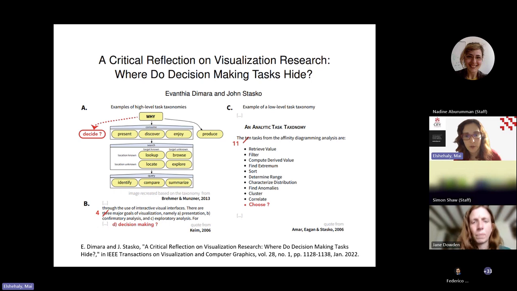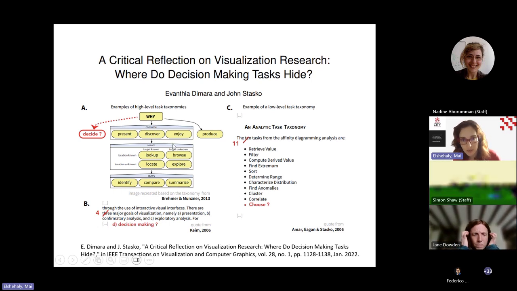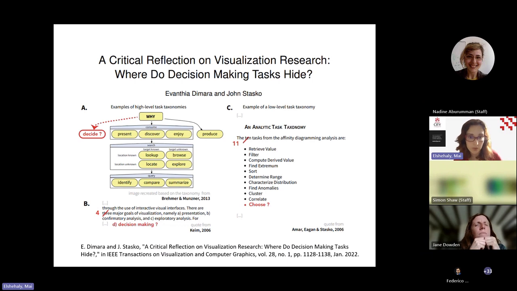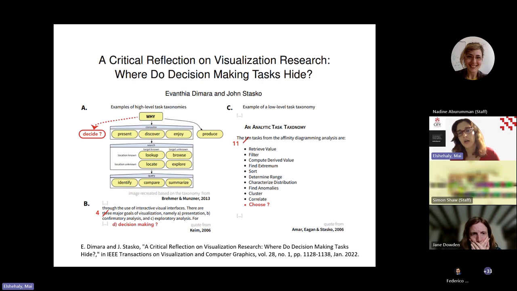One of the things they observed in these existing taxonomies and typologies in the visualization literature is, again, the missingness of the words decide, decision-making, choose, really nowhere to be found in these classifications of what we expect people to do with visualization. So there is a real gap.